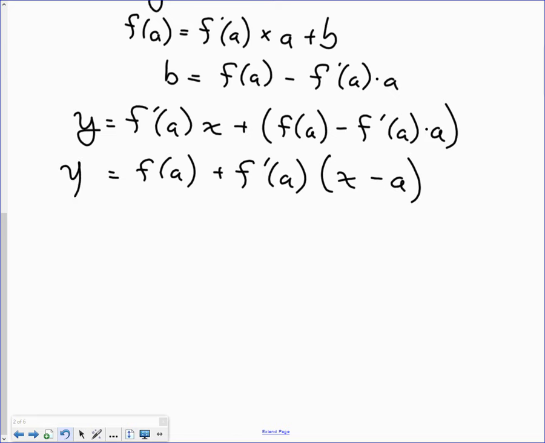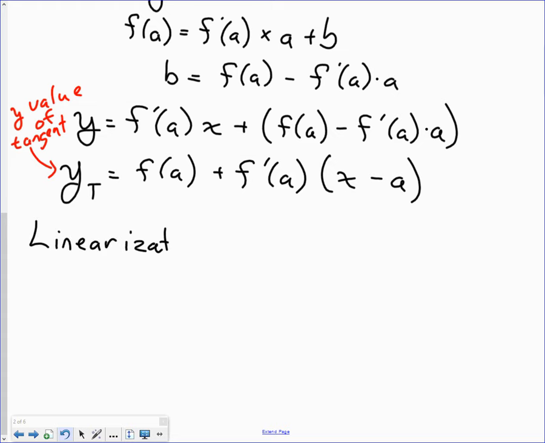We call this yt, so this is the equation of our tangent, and it's going to give us a y value from the tangent. This kind of thing is often called the linearization equation, the linearization of f at x, at x equals a in this case.